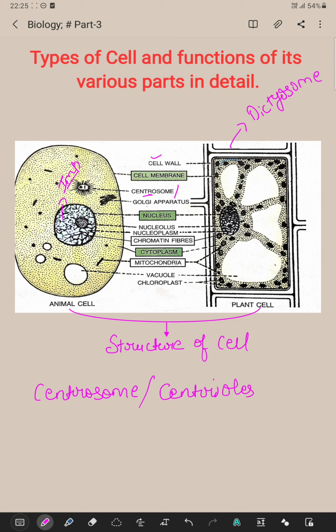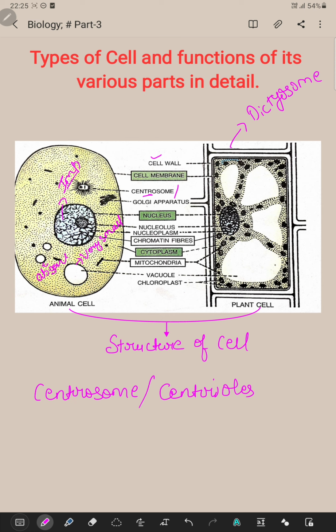And vacuoles. Vacuoles are generally absent in animal cells, and if they are present, they are very small. VS here is for very small. So these are generally very small or negligible, or we can say they are absent also.